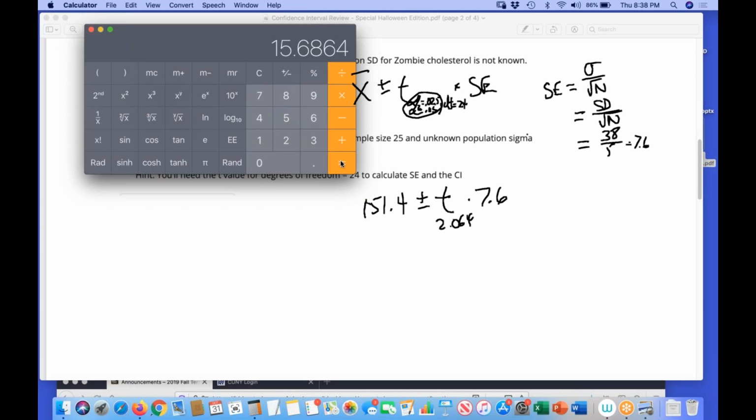Now that's my margin of error. Notice it's bigger; before it was 14 something. I'm going to put that into memory and clear this.